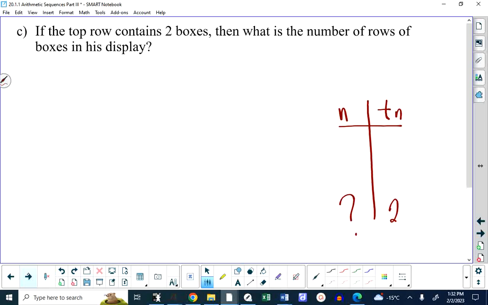If the term value, which is how many boxes there are in a row, if the term value of the last row is 2, what is the value of n that would produce that? Because if n is 14, then that means it's the 14th row from the bottom, but since it's the last row, there are 14 rows. All we have to do here is find out what n is using the formula.